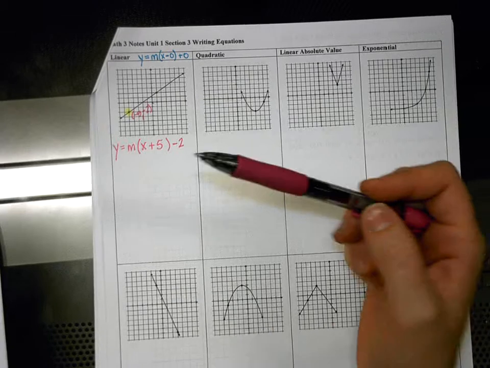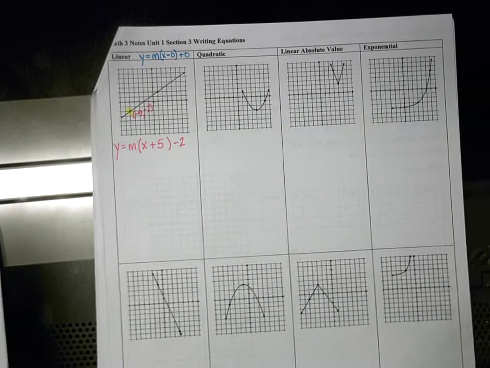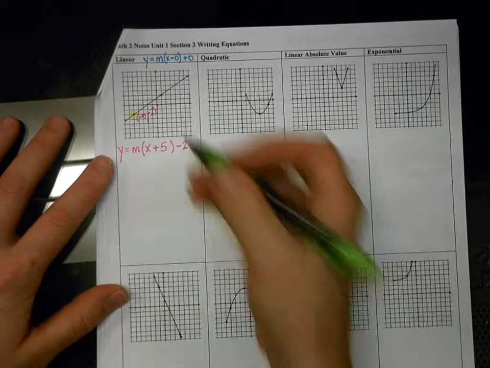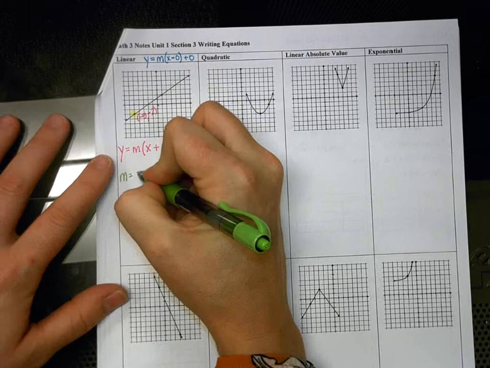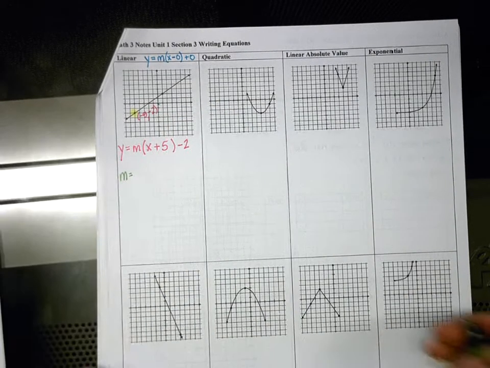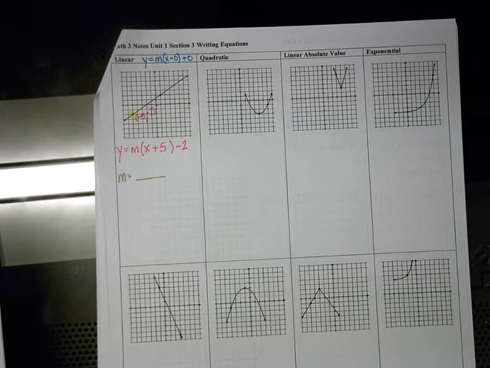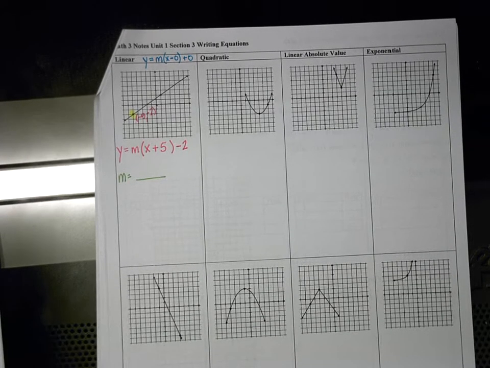Now, in order to write the equation, I need to have all of my constants filled in. So I have a constant slope here, which means I need to find out what the slope is. We have two options. We can use the formula for slope, which we're going to actually write out. Does anyone remember the formula for slope?